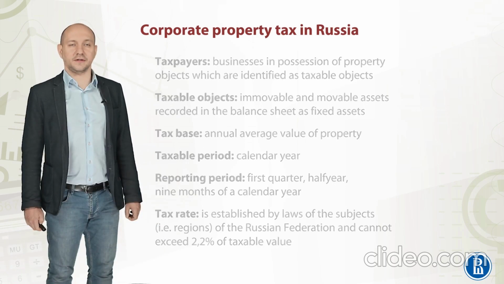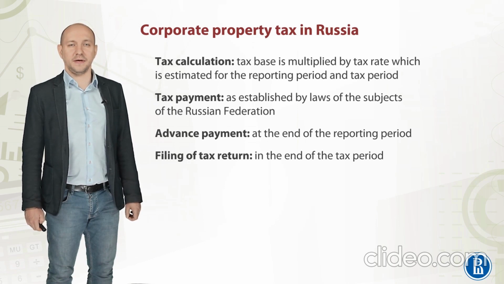Tax is calculated as the tax base multiplied by the tax rate, which is estimated for the reporting periods and the tax period. The procedure for tax payments is established by laws of the subjects of the Russian Federation, and advance payments are paid at the end of the reporting period.